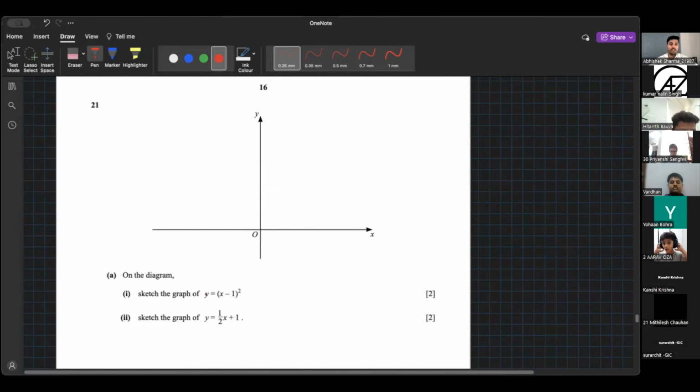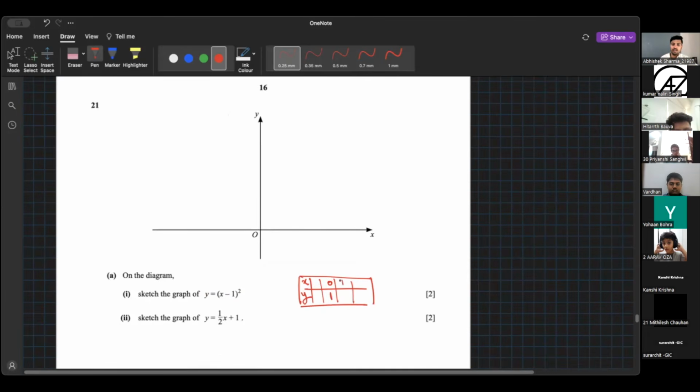Question 21, it says on the diagram, sketch the graph of x minus 1 the whole square. We will need a table of values, x and y. We also have to take values on the left of 0. When x is 0, y is 1.